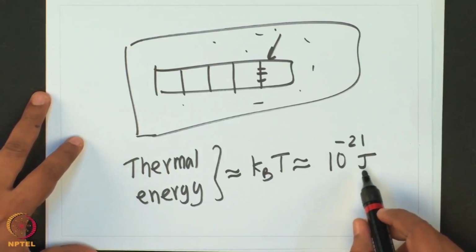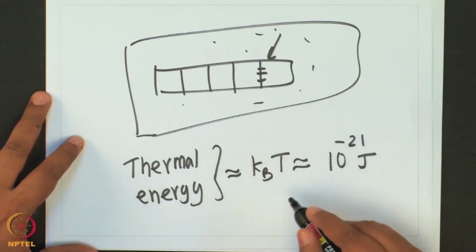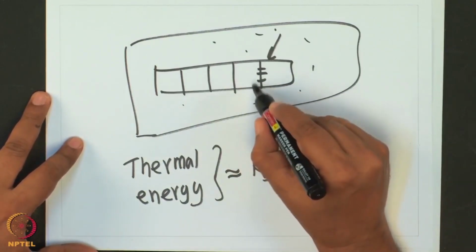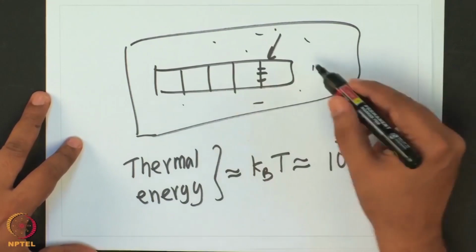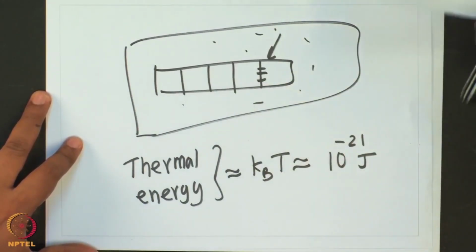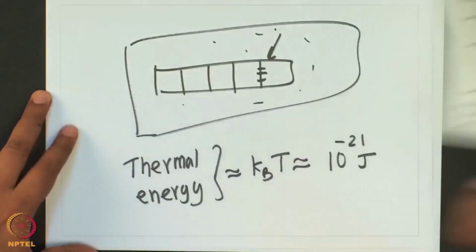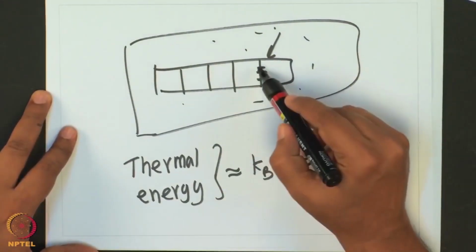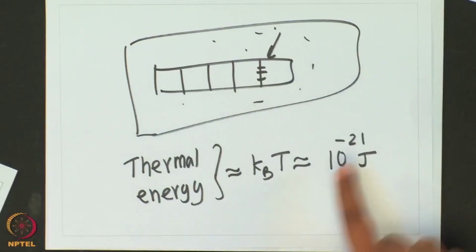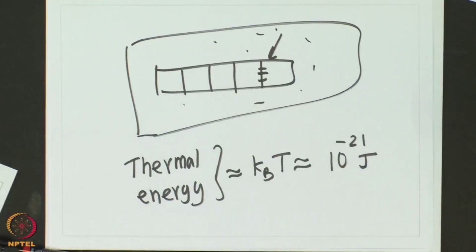So if this thermal energy is comparable to the bond energy, either the hydrogen bond energy in the DNA or the bond energy in these polymers, if those energies are comparable to this thermal energy, which is the energy of the kick of the water molecule, then these bonds can break, there can be depolymerization, and this will lead to some kind of randomness. So this thermal energy is what is leading to this randomness.